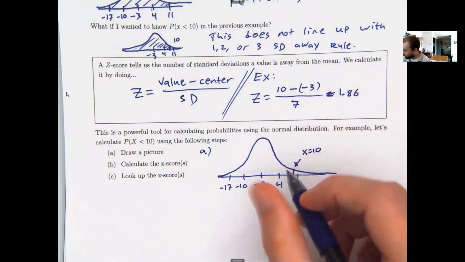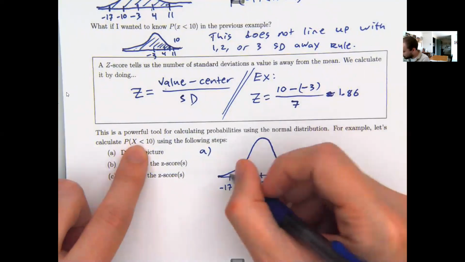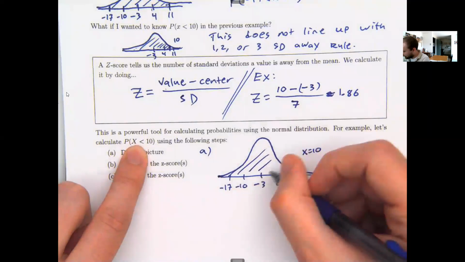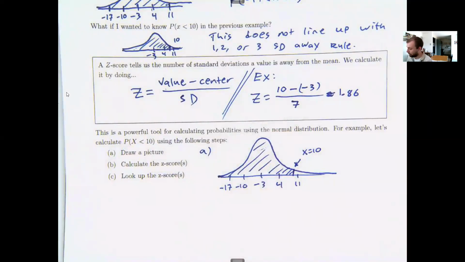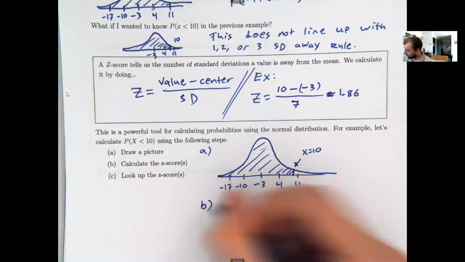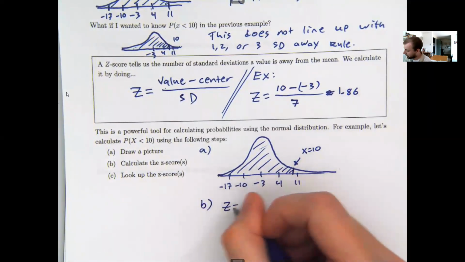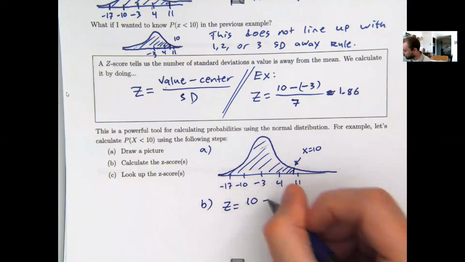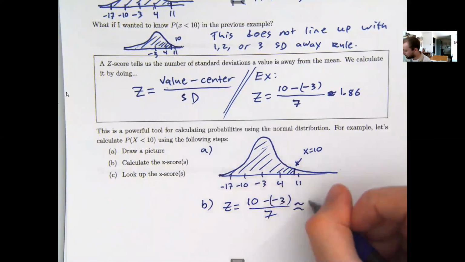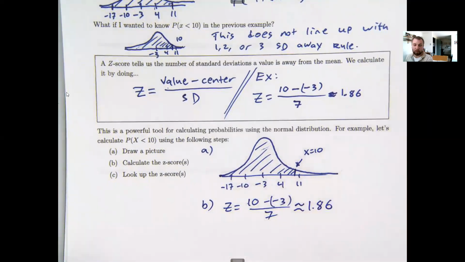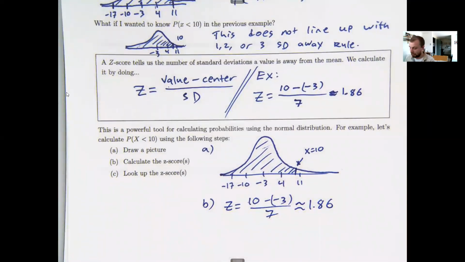And I wanted that amount or less, so I'm shaded to the left. My next step is going to be to calculate the z-score. I take my value minus the center over the standard deviation. And I got something like 1.86 when I did that.